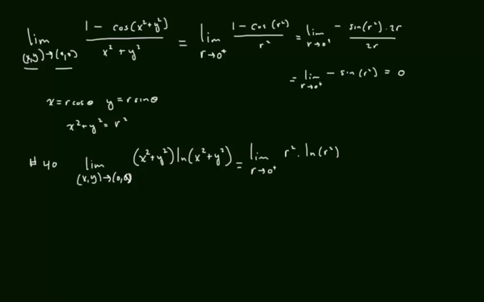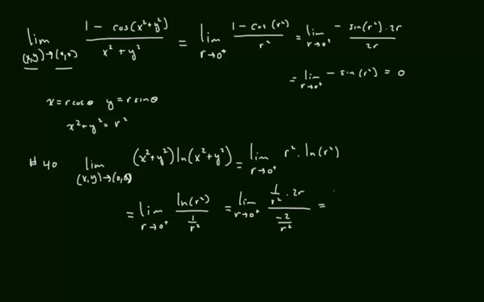Equals the limit as r goes to 0 from the right, r squared times natural log r squared. And this is more of a lesson in L'Hopital review. As r goes to 0 from the right, we're going to write this as natural log r squared over 1 over r squared, so that we have infinity over infinity. So now we have the limit as r goes to 0 from the right, 1 over r squared times 2r, that's the derivative of the top, and the derivative of the bottom, negative 2 over r cubed.